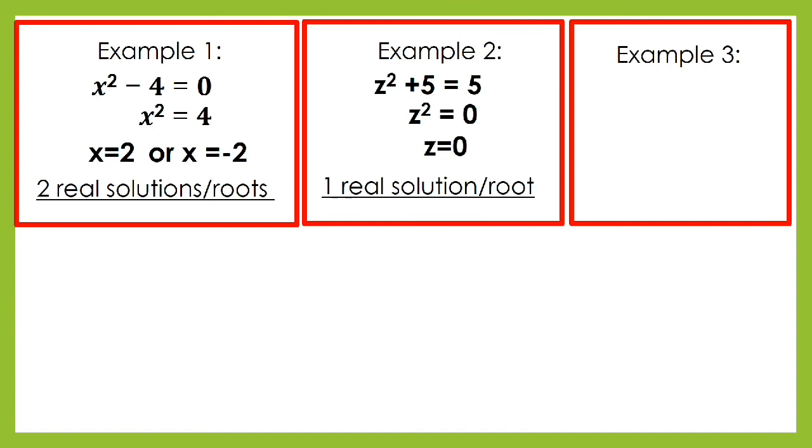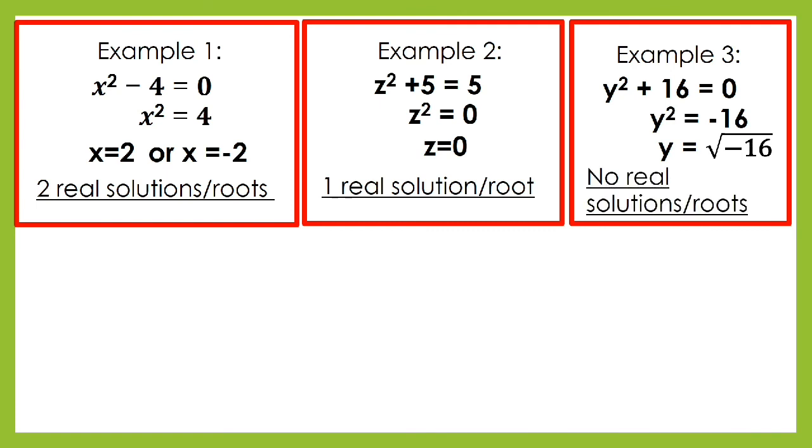In example 3, y squared plus 16 equals 0. We transform it into y squared equals negative 16. By extracting square roots, we get y equals square root of negative 16. In this equation, we have no real solutions or roots.